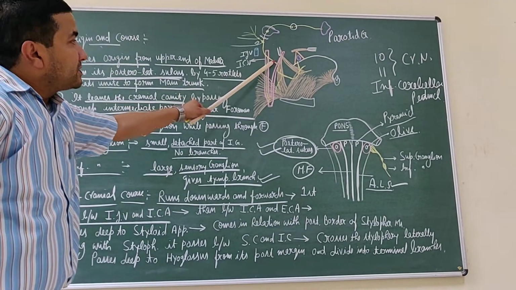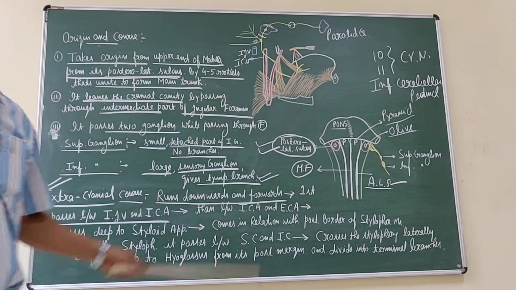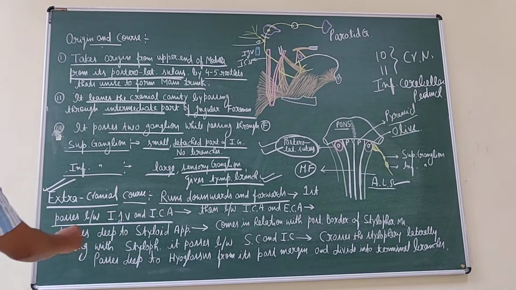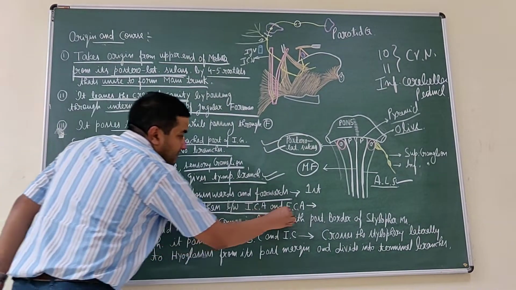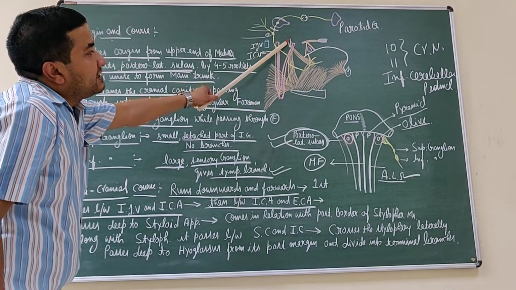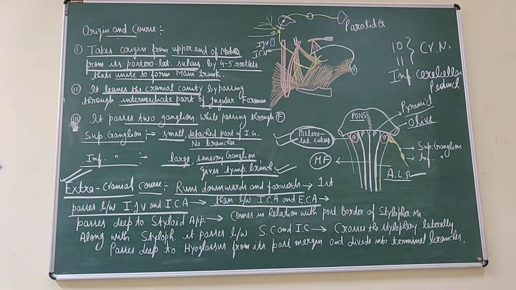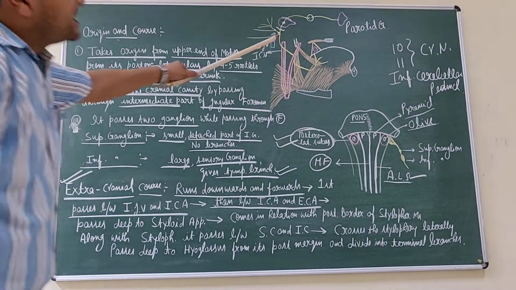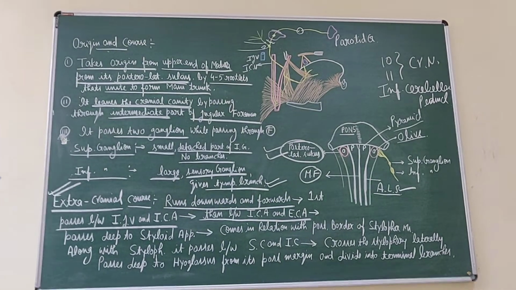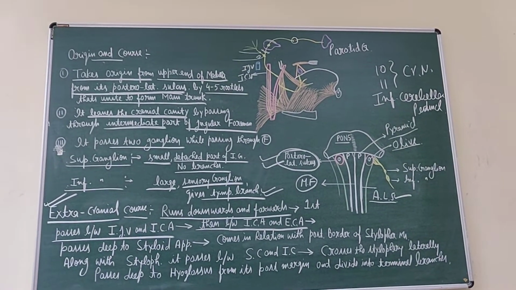Now it comes between the external and the internal carotid artery. Then it passes deep to the styloid apparatus. Styloid apparatus means the styloid process along with the muscles and the ligament attached to it.